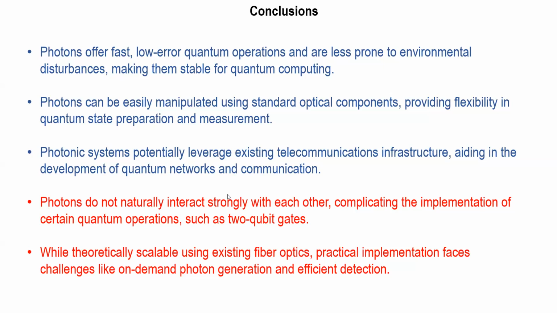All right, and at the same time, of course, this approach, as well as any other approach, has a number of disadvantages, and the main one is that photons don't interact in free space, and interact weakly even in nonlinear crystals.